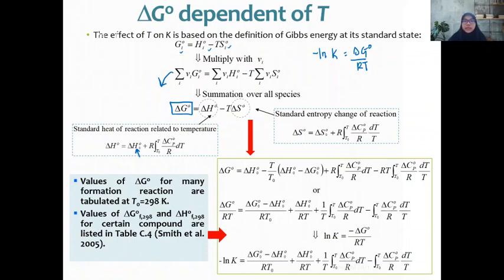Inserting the expressions for both enthalpy and entropy into this equation, we can have delta G, the change of the standard Gibbs energy, equal to the change of the enthalpy at the standard and at the reference temperature, minus T over T naught. T naught is the standard or reference temperature.